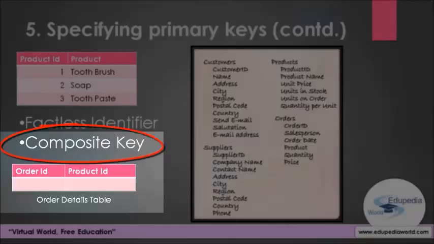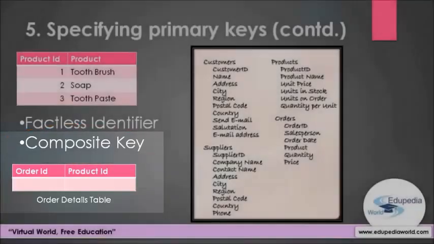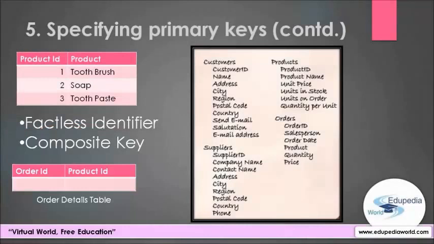Now just tell me, as in this illustration, what are the auto number columns of these four tables that serve as a primary key? Yes, product ID for the product table, order ID for the order table, customer ID for the customer table, and supplier ID for the supplier table.